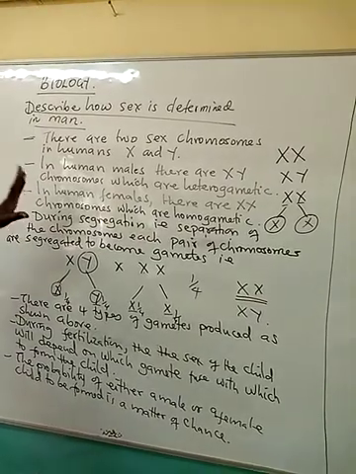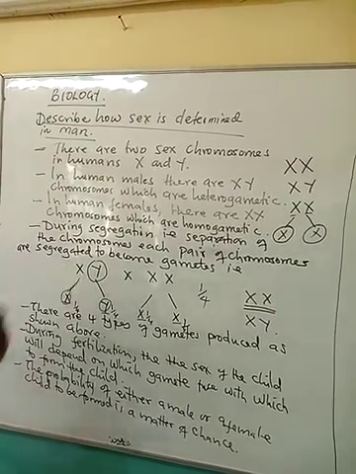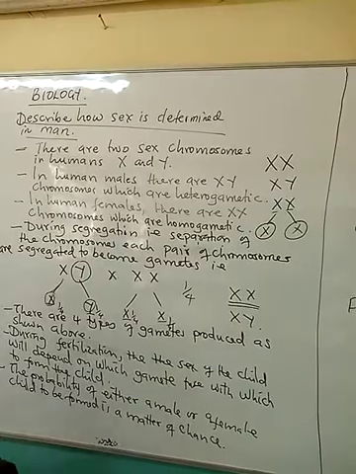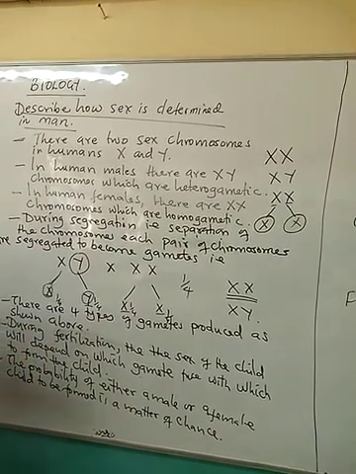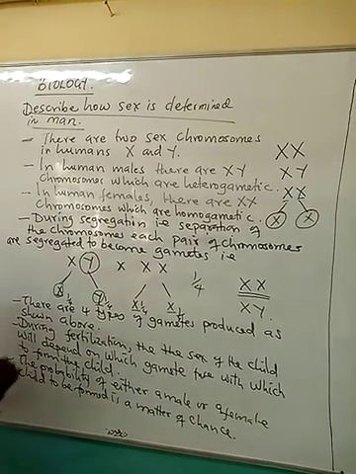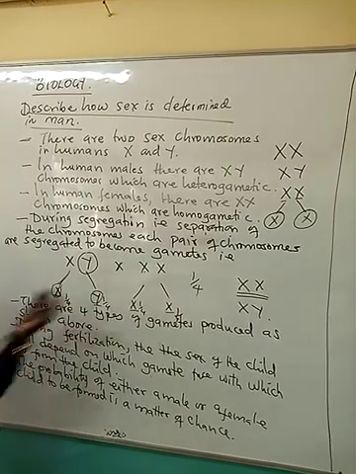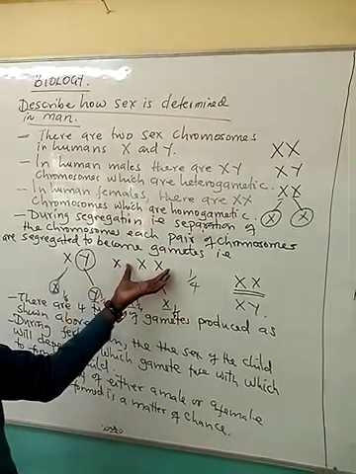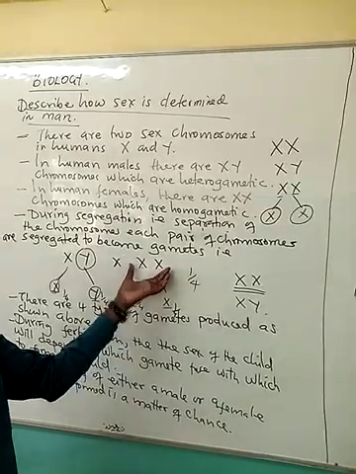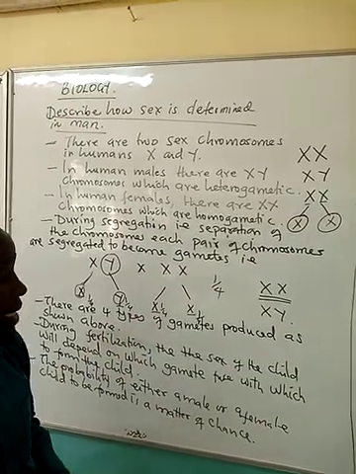After segregation, the XY chromosome, which is heterogametic, forms X and Y gametes, and the XX forms X gametes.